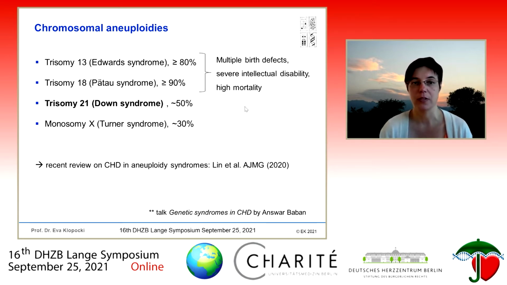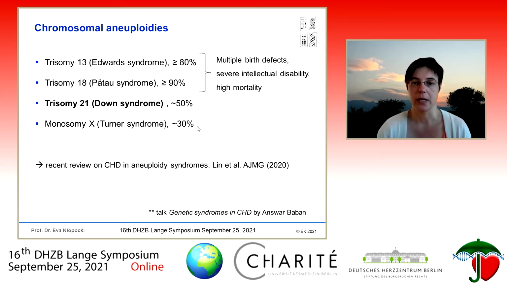And most of these patients actually have a high mortality, especially the trisomy 13 and 18, and they will often die in utero, but still they show multiple birth defects. If they come to birth, then we also observe severe intellectual disability, but as I said, there is a high mortality. And Down syndrome, of course, is the one we know where there's also often cardiovascular defects observed, approximately 50%.